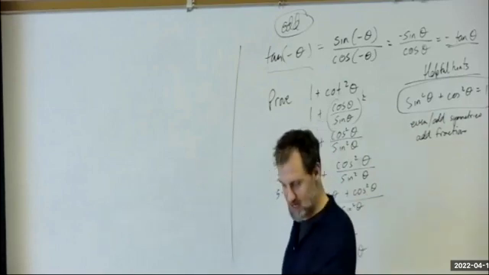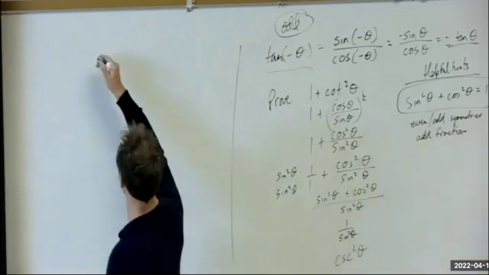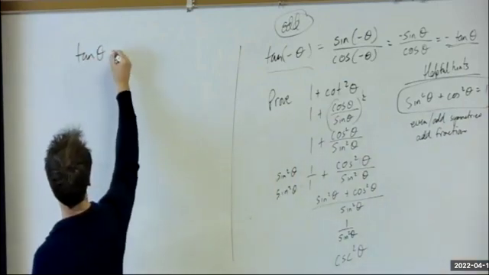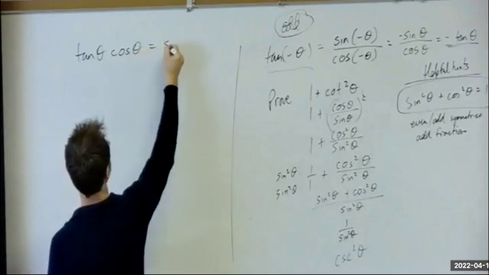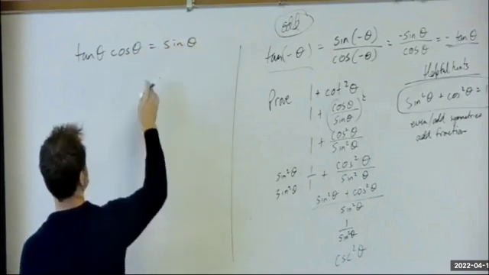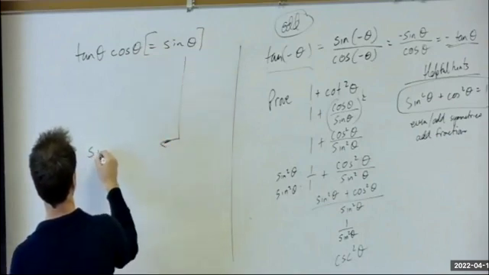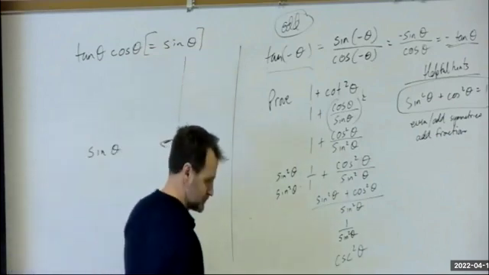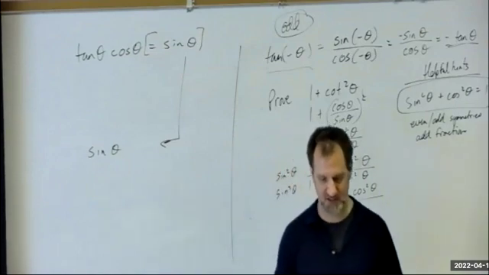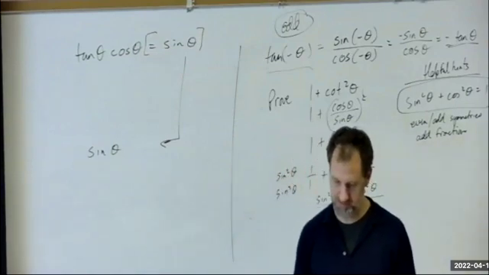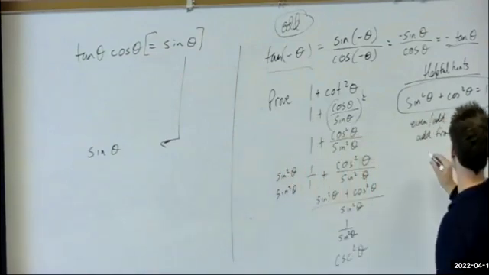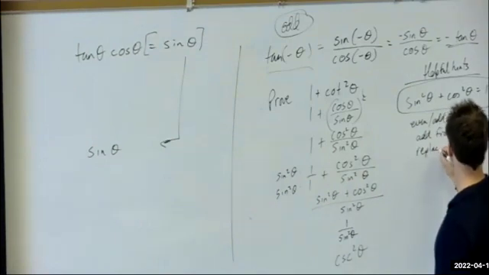All right, let's take a look at tan theta cosine theta equals sine theta. This one doesn't take quite as many steps. Again, we're moving it down. We want to prove that tan theta cosine theta is sine theta. Very basic.